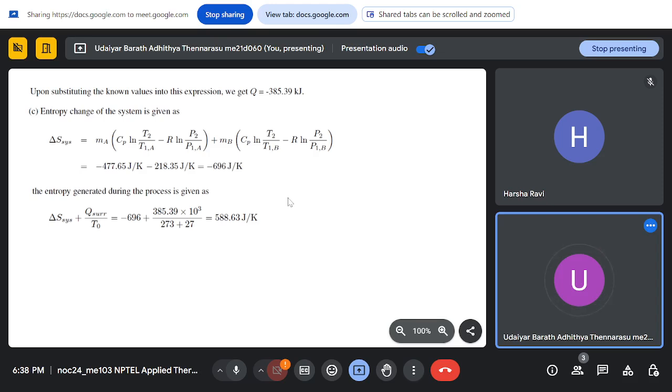After that we found out each individual compartment's change in entropy, and you can find the system entropy using m Cp ln T2 by T1 minus R ln P2 by P1. Then we found the entropy change in the surrounding, where there is constant temperature heat transfer, so Q by T. From there we know the entropy generated in the surrounding. So we have added up both system and surrounding to find the total entropy generated.